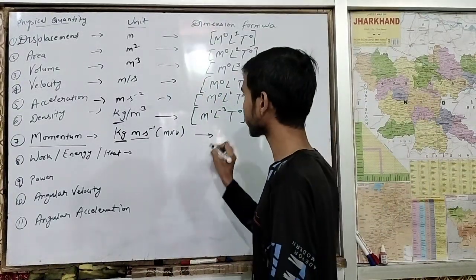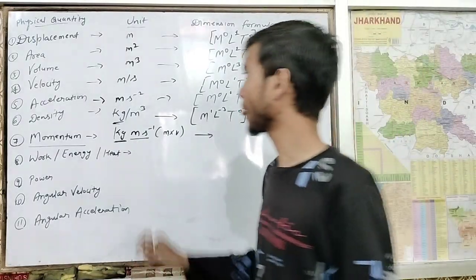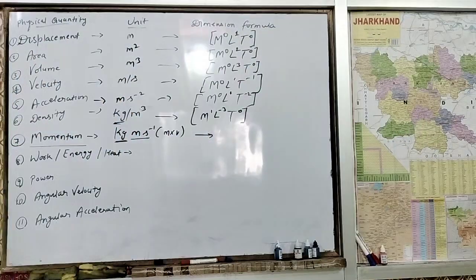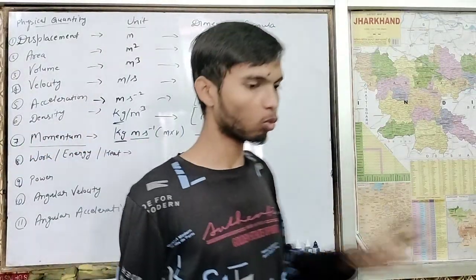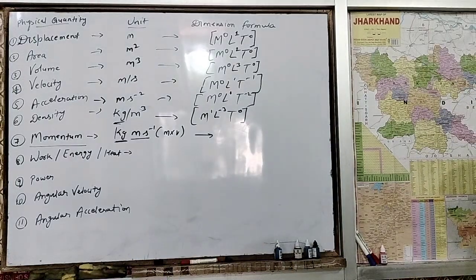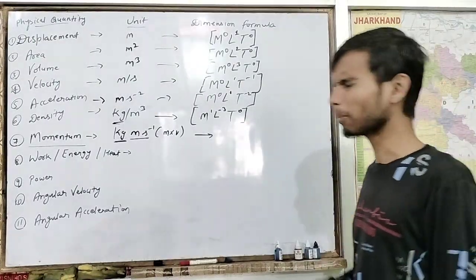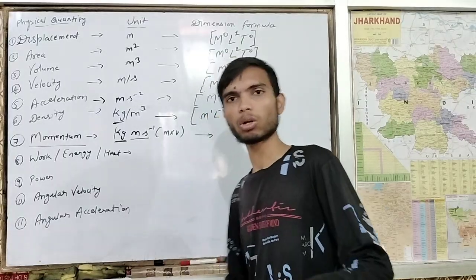Now look at over here. Meter per second is for velocity and kg is for mass. Here we have one mass, and we have velocity. What is the dimension formula for velocity? We know that. If you don't know, then don't worry.